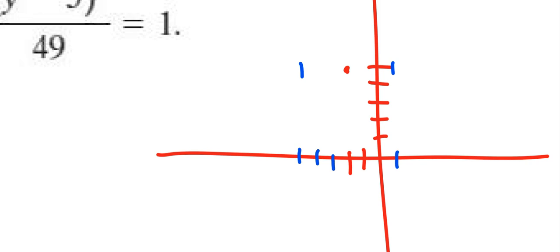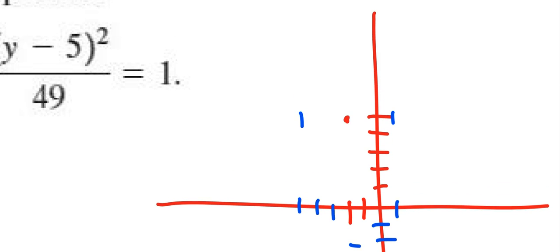Now we're going to go up 7 and down 7 from there. Wait, from the center? From the center, because our b value was 7, so that meant we're going up 7 and down 7.